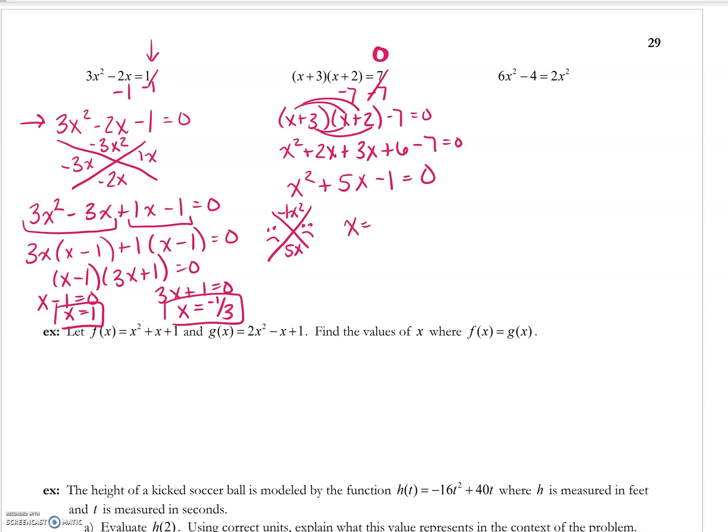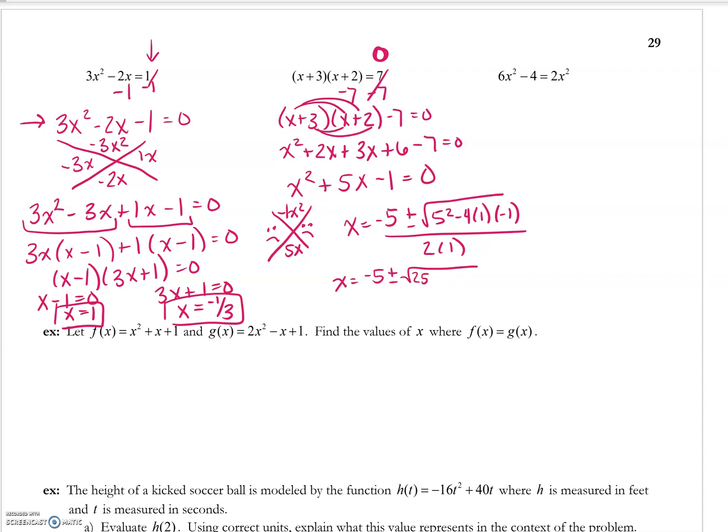X equals, if you look back at the previous page of your notes, you can help me fill it in. Opposite of b, so negative 5, plus or minus the square root of b squared, so 5 squared, minus 4 times a, which is 1, times c, which is negative 1, all over 2 times a, which is 1. If we clean this up, we've got negative 5 plus or minus the square root of 5 squared is 25.